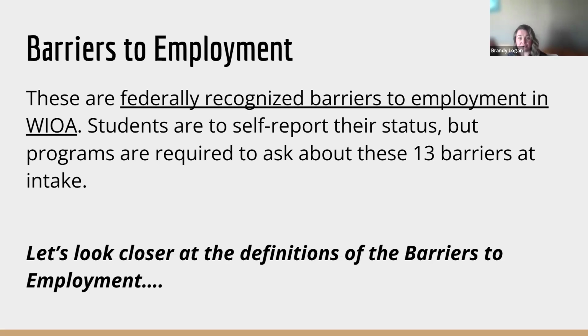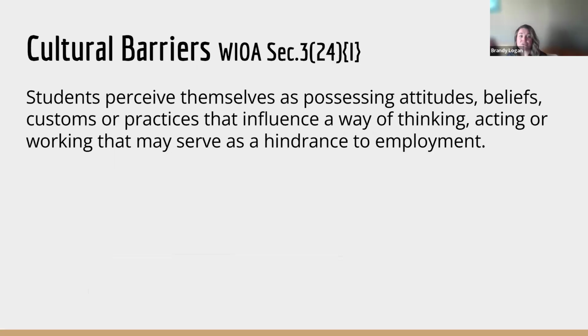And so we're going to take a closer look at those barriers and definitions and how to relay that information to individual students during intake. So cultural barriers, as we mentioned, students perceive themselves as possessing attitudes, beliefs, customs, or practices that influence a way of thinking, acting, or working that may serve as a hindrance to employment.